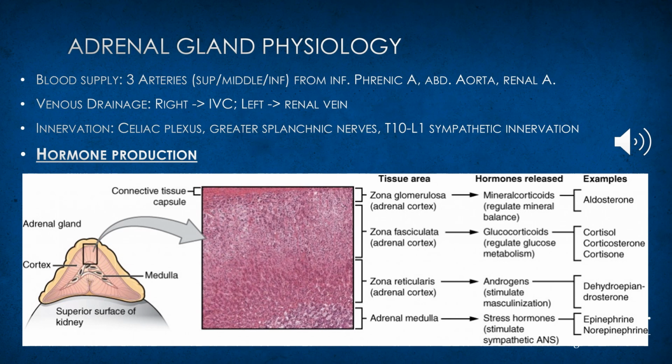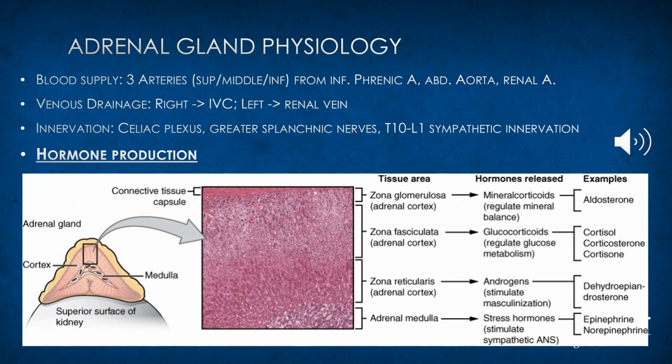For the hormonal production of the adrenal gland, you have to remember a little bit of histology, because there is an adrenal gland medulla and an adrenal gland cortex. In the cortex, you see the zones: the zona glomerulosa, the zona fasciculata, and the zona reticularis. In the glomerulosa, the mineralocorticoids are produced, hence aldosterone.